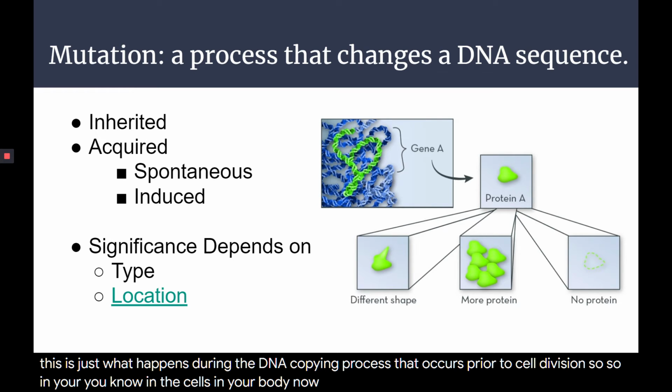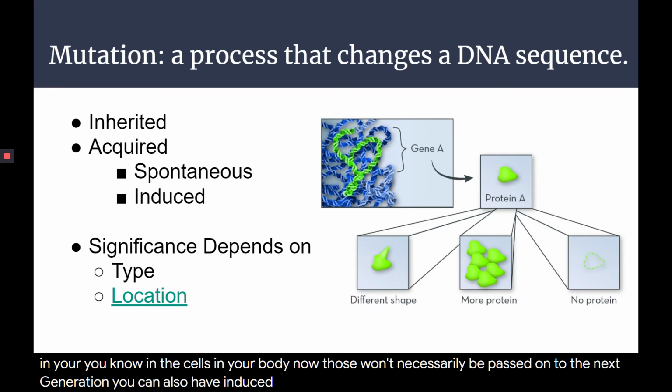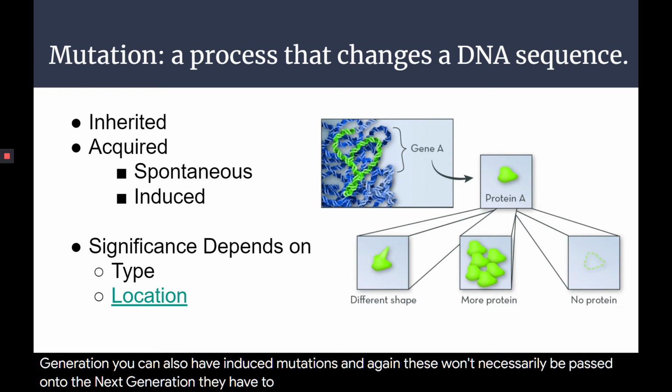Now those won't necessarily be passed on to the next generation. You can also have induced mutations, and again, these won't necessarily be passed on to the next generation. They have to occur in your gametes to be passed on.